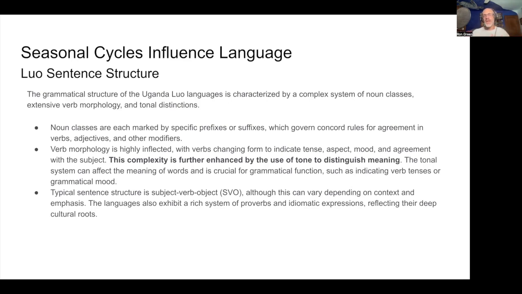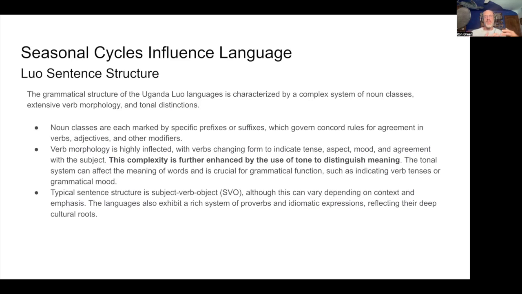So an inflection, as described in English, would be, let me think of a regular verb instead of run and ran. Run and ran is an irregular verb, but I walk or I walked. So we add the inflection of ed at the end of the word to change the meaning to past tense, right?